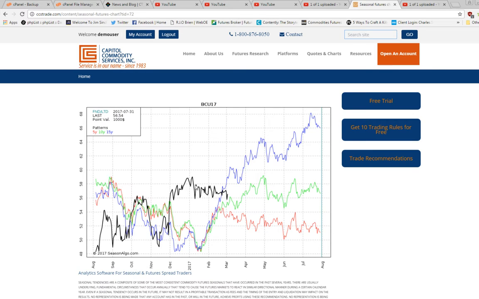I like to look at the current price and see if it's in sync with the seasonals. What I mean by that is, is it following it? Like, did the real low come in when there was a low due, or did it shift over a little?